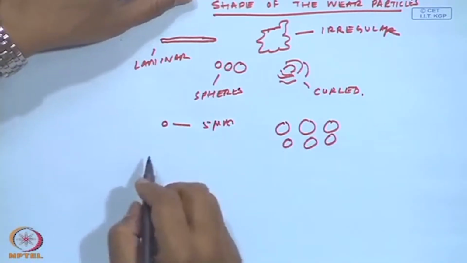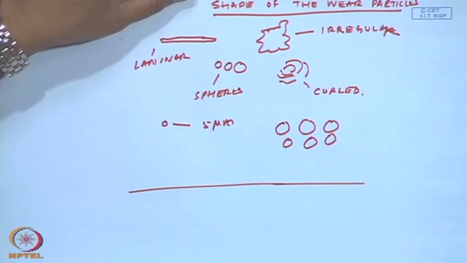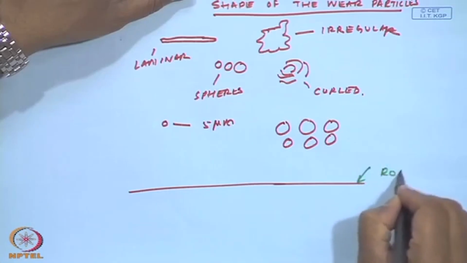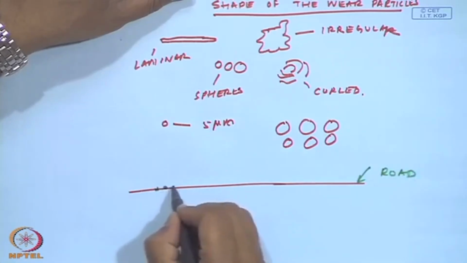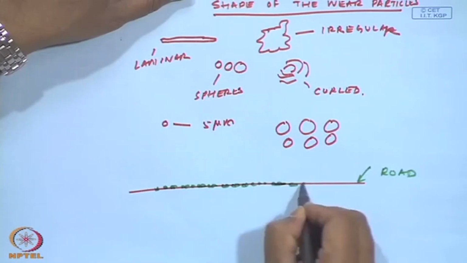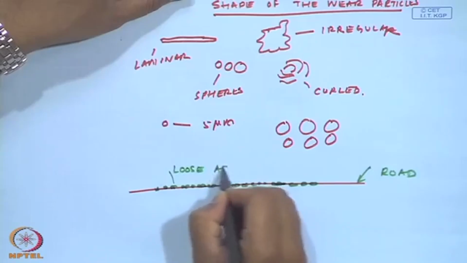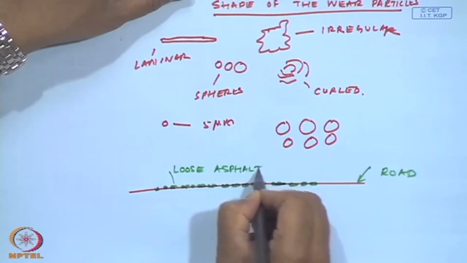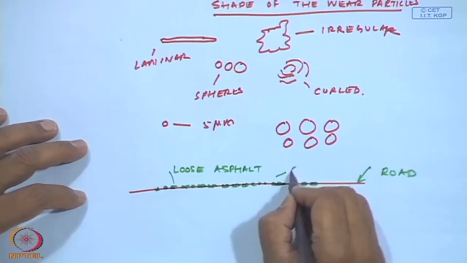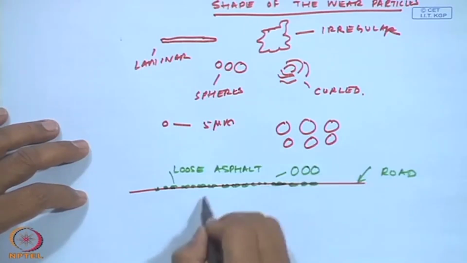A good example of this is, you have a fresh road, okay, nicely metalled road, and then initially you have a lot of loose asphalt, okay, and with time you will see suddenly you get big chunks, big rocks.